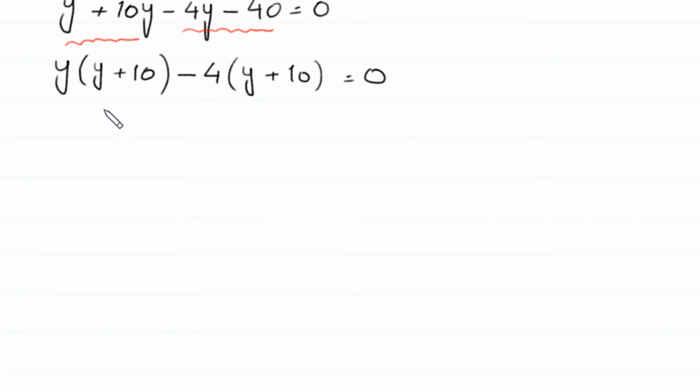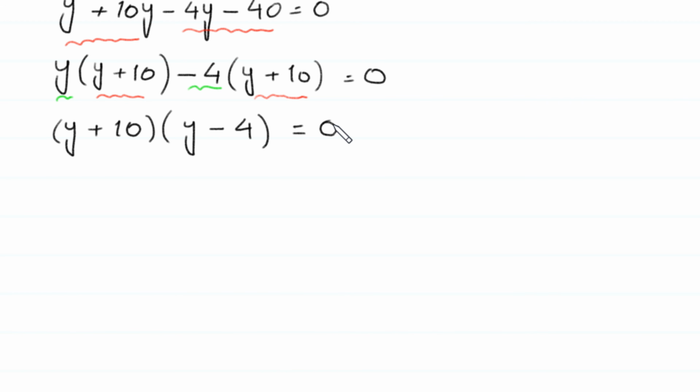Now from here, as you can see, this y plus 10 is a common factor, so we factor out this y plus 10. (y plus 10) times (y minus 4) is equal to 0.